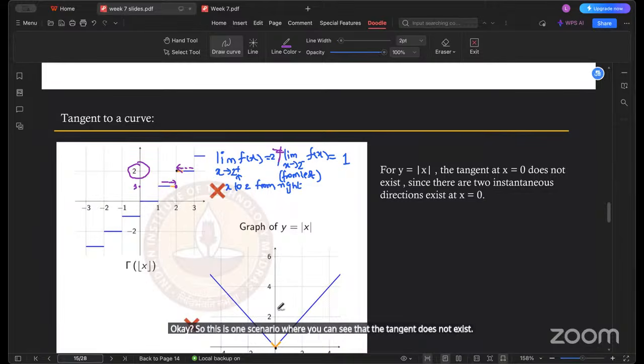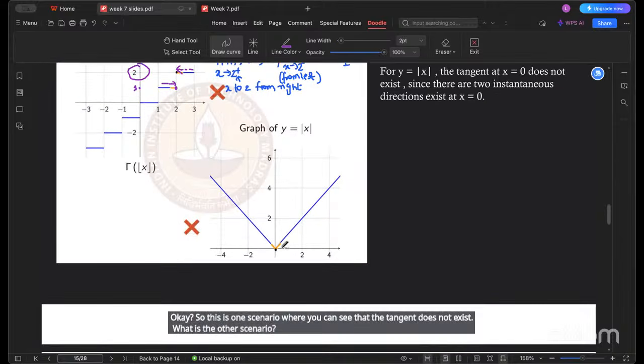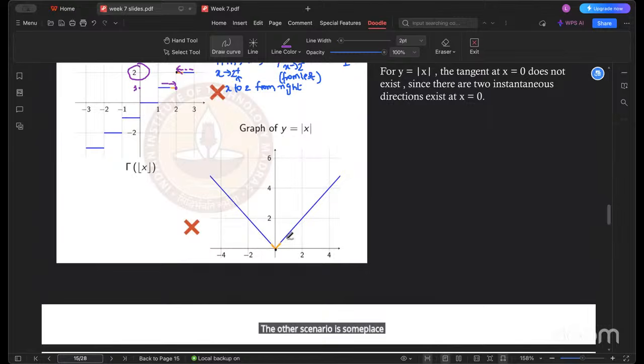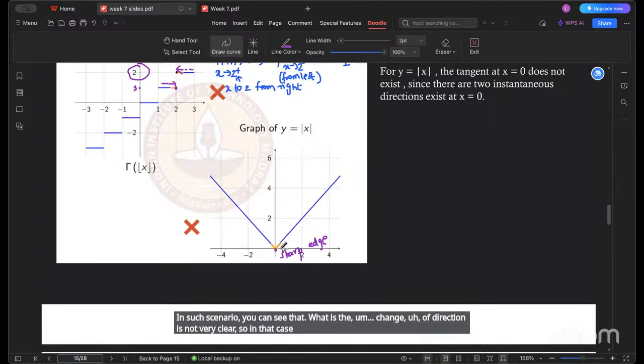What is the other scenario? The other scenario is some place where we have a sharp corner like this. Whenever you have a sharp point or sharp edge, the change of direction is not very clear. So in that case also, you cannot have a tangent.